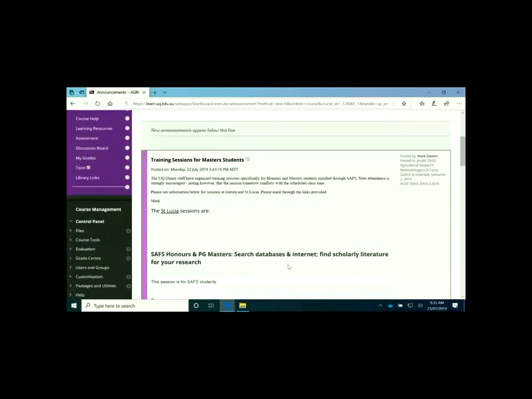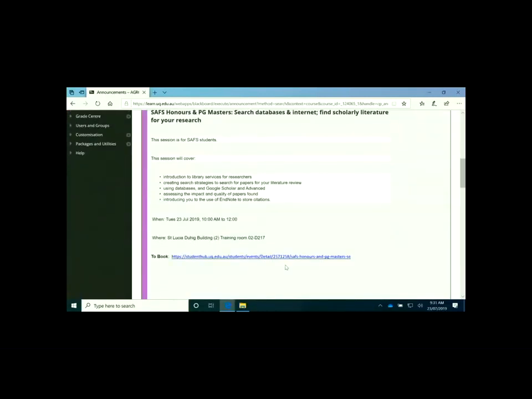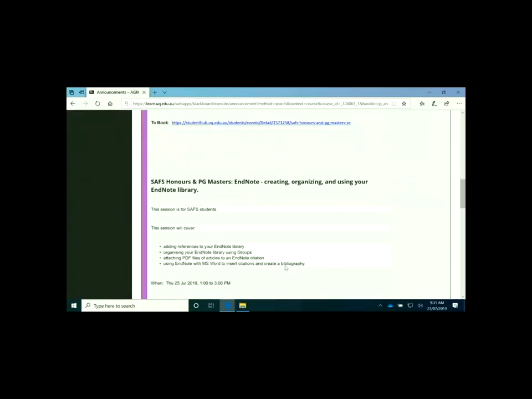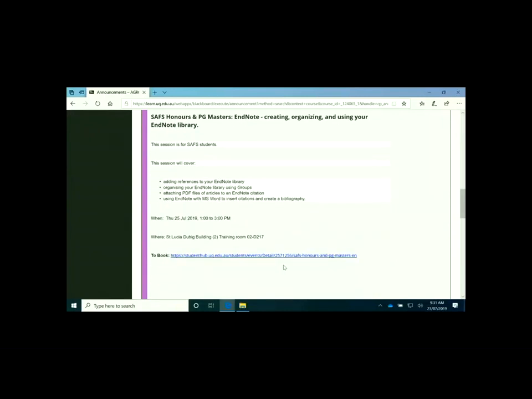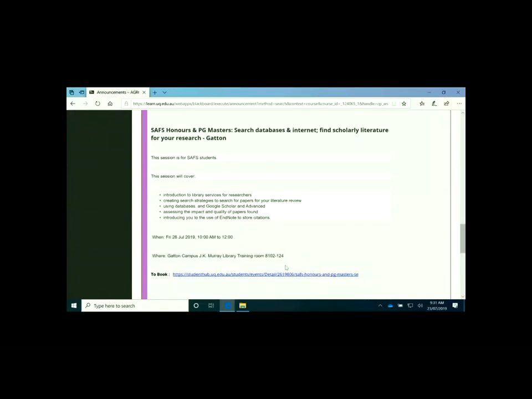There's one at Gatton on Friday, and they're covering topics like introduction to library services, search strategies using databases, assessing impact and quality of papers, and introducing the use of EndNote. Those things are all relevant to you as students in the Coursework Masters program.